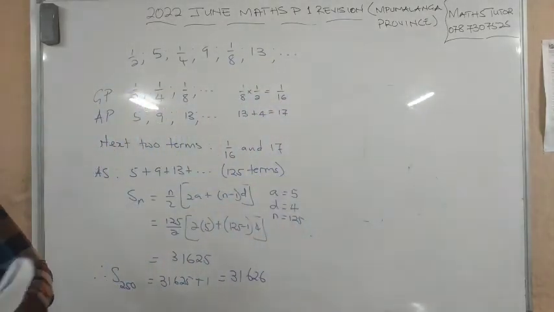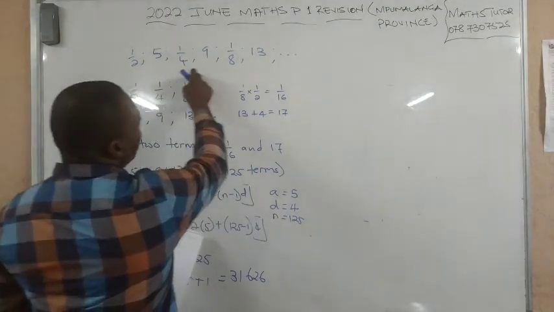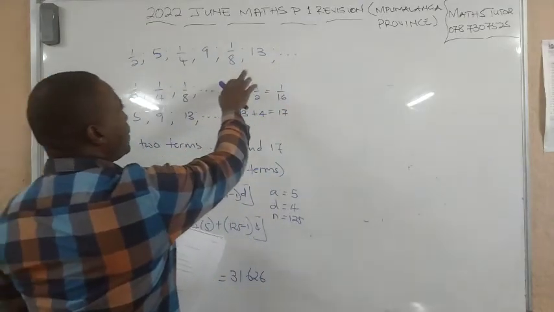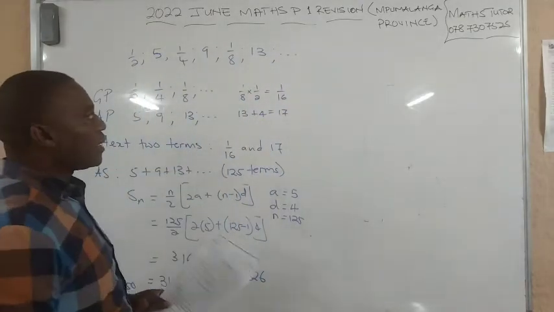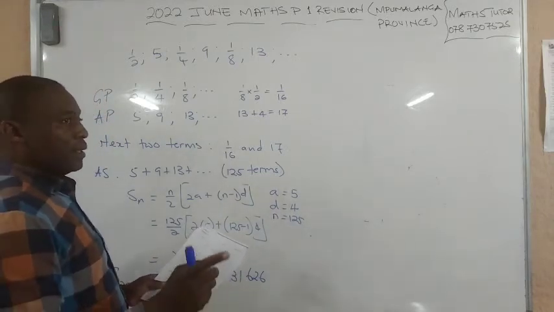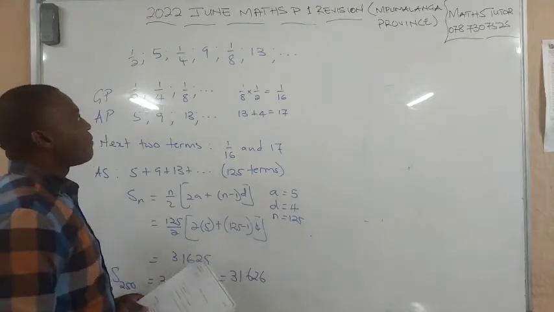Alright, let's not forget that the 80th term is a term in this sequence, where we have two sequences in one. So we need to determine which sequence will give us the 80th term.